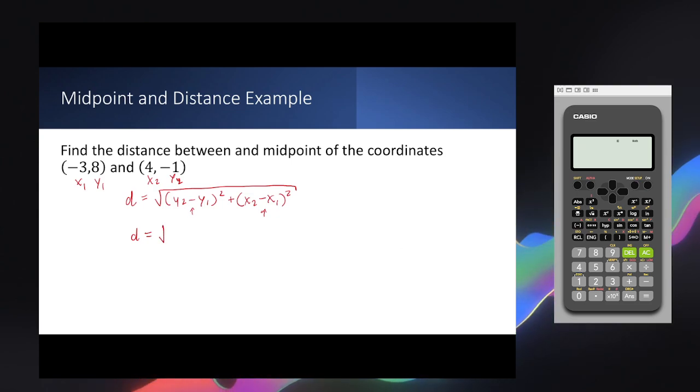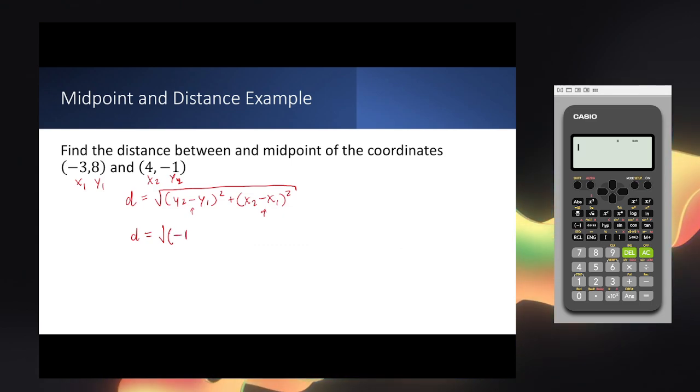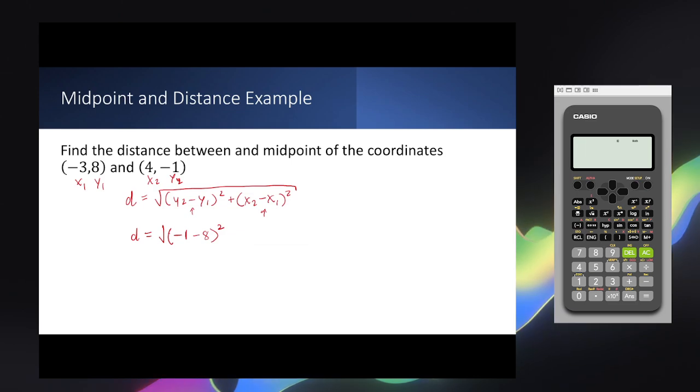So when we're doing this, be very careful because -1 means we need to put the whole -1 in there, okay? Because the distance between -1 and 8 is significantly different, well, partially different, to the distance between 1 and 8, okay? It is a difference between the two because we're trying to find the distance between the two.